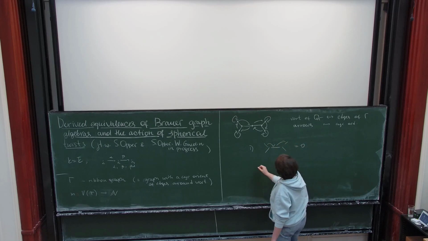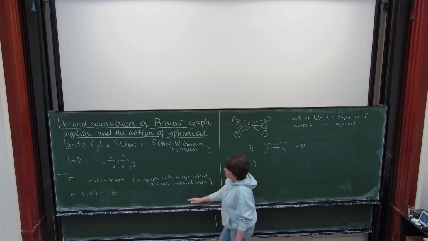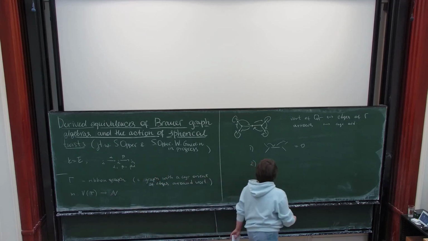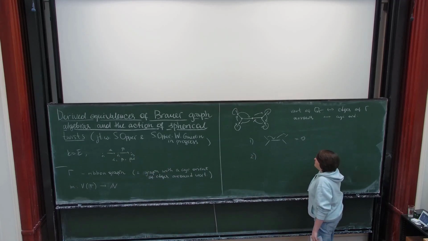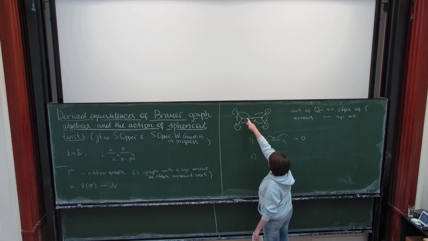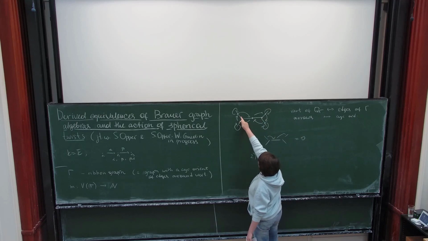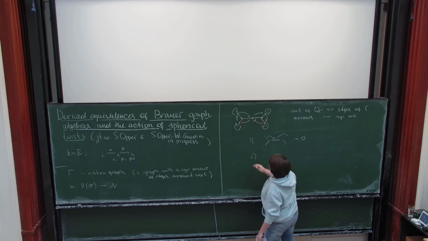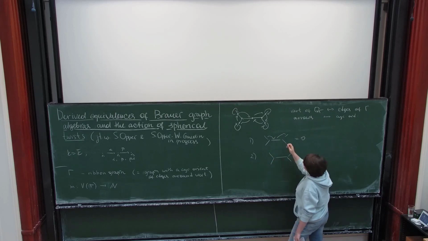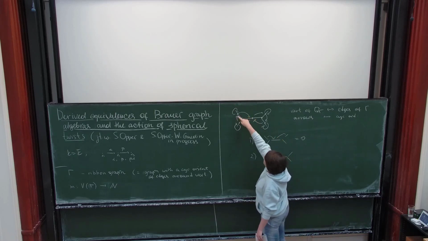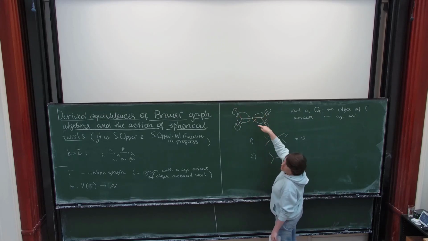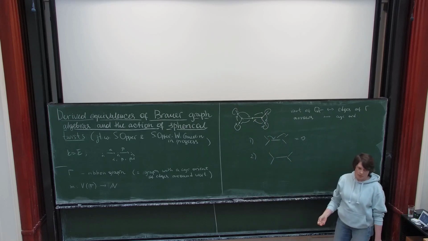And then the second type of relation is going to involve this multiplicity function, which was another input data. So for each edge, we have two vertices to which this edge is adjacent, and then the relations are that going around one cycle the correct number of times is going to be equal to going around the other cycle the correct number of times.